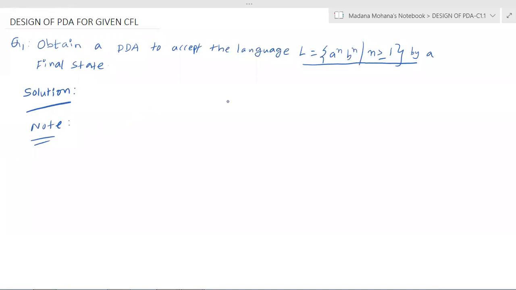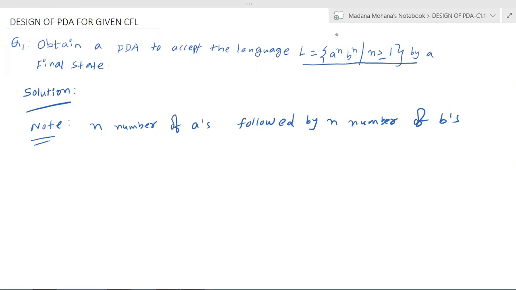So here the machine, the PDA, should accept n number of a's followed by n number of b's. See, this order should be maintained.